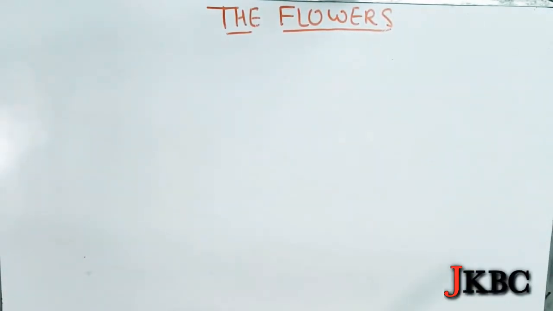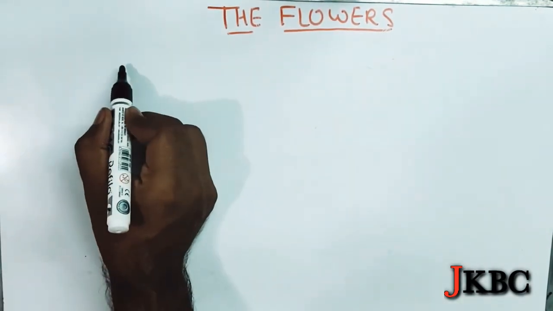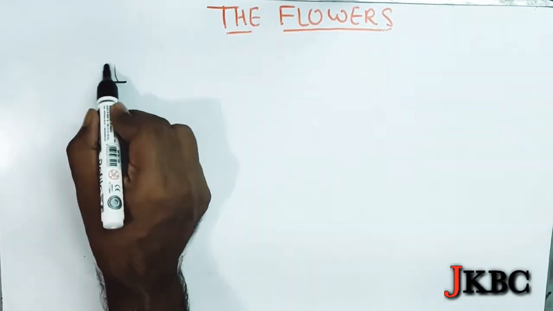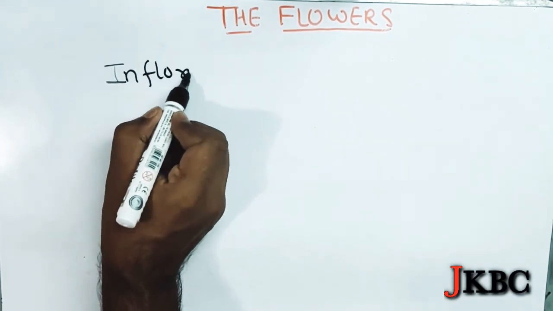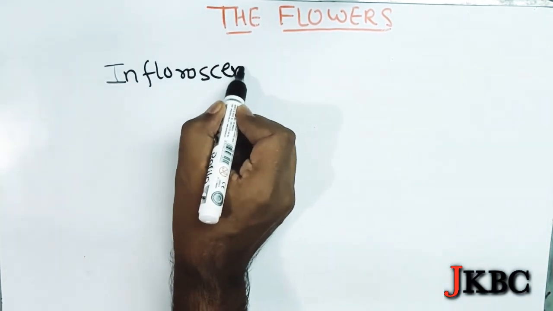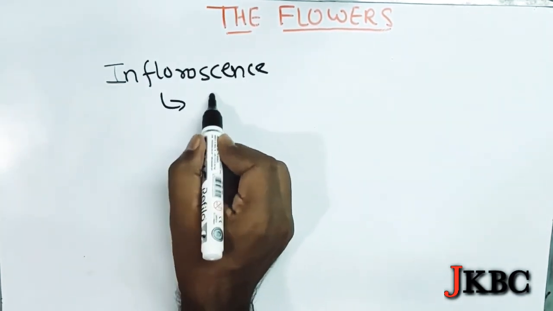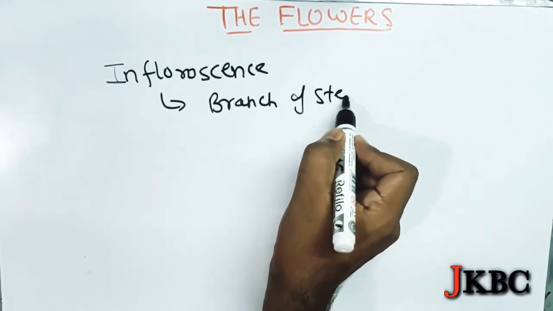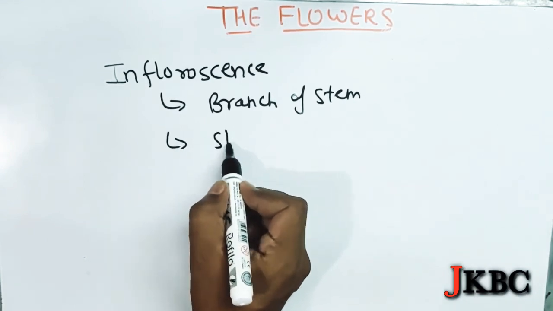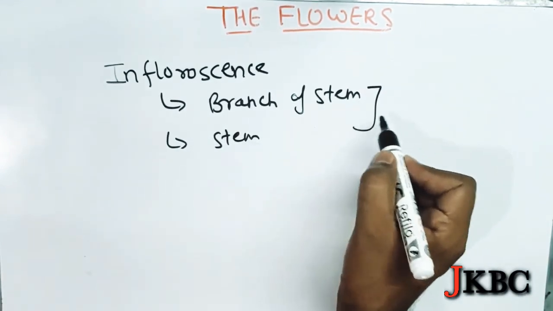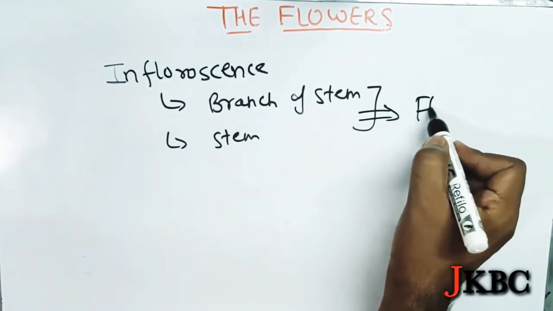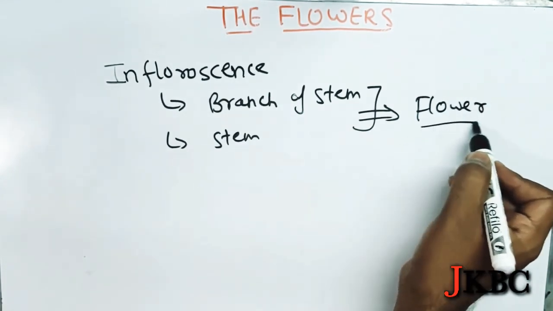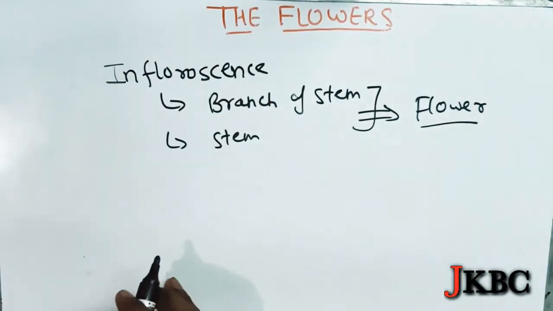Basically, we detail the branches of the stem in an inflorescence. The branch of stem that converts into a flower, that develops flowers, is called inflorescence.